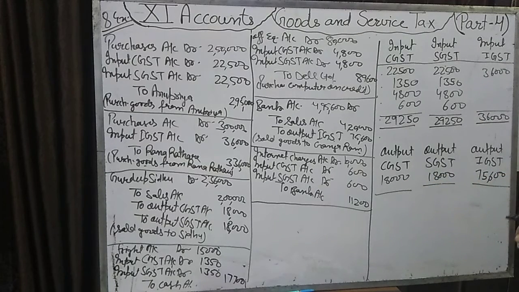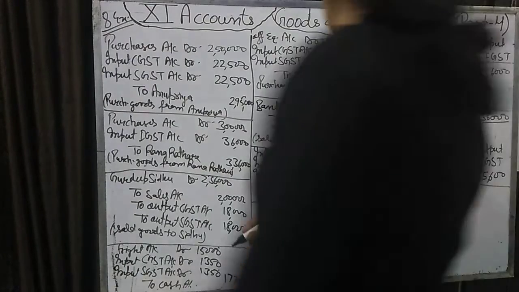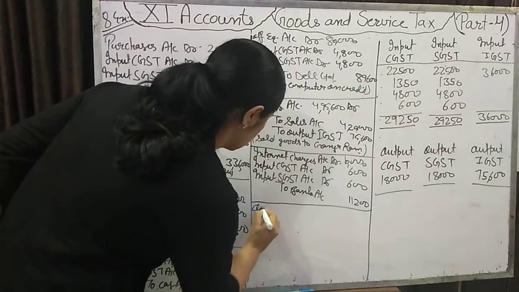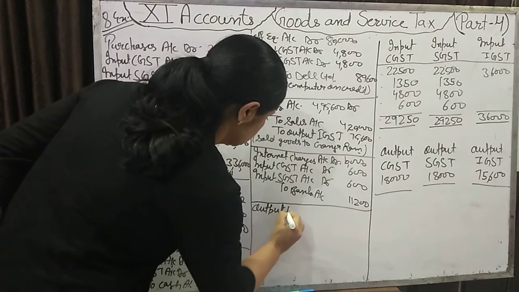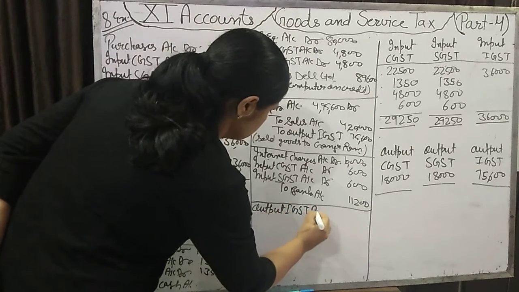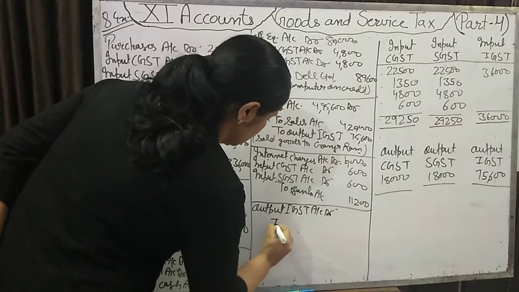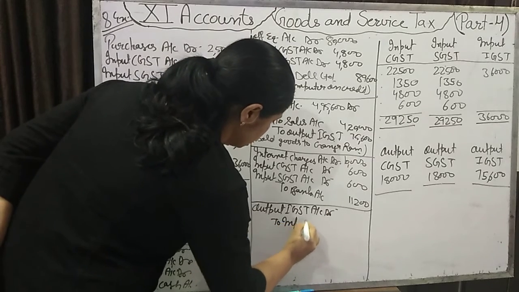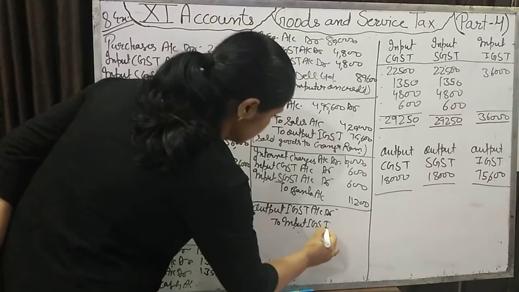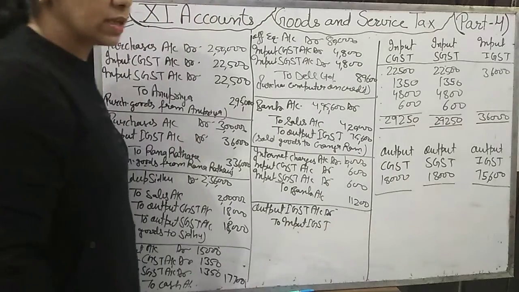What was the rule I told you in the last lecture? First of all, we will adjust the output IGST from input IGST. Which entry will we pass for this? Output IGST account debit to input IGST. How much input IGST is there? 36,000.